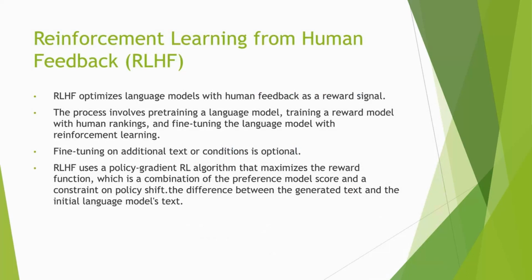The second breakthrough that was done for the recent models, for example ChatGPT, uses reinforcement learning from human feedback. The difference here is that it optimized the language model using human feedback as a reward signal.